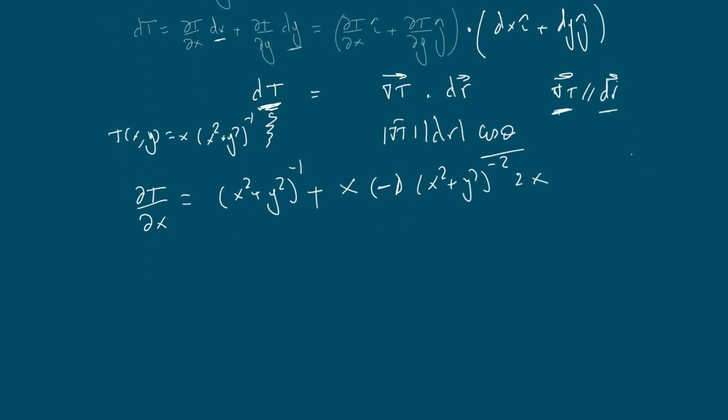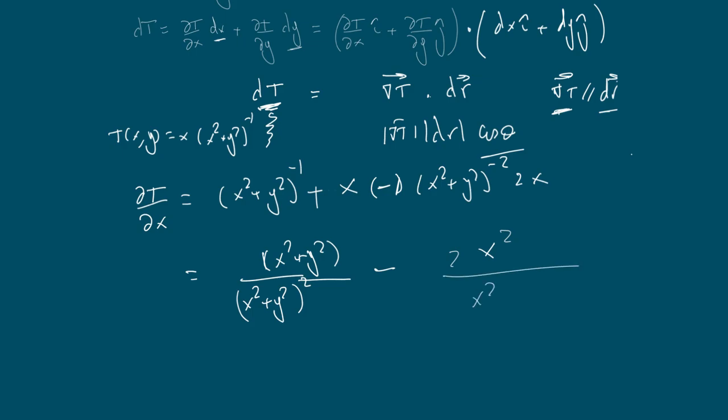So we can put it a little bit nicer. Here we put x squared plus y squared, and we put a square on the denominator. We didn't do anything. Minus 2x squared divided by (x squared plus y squared) squared.